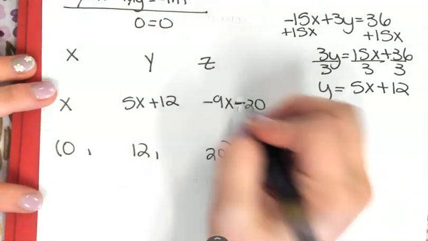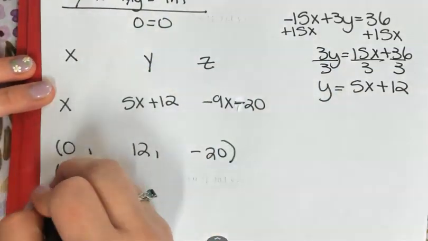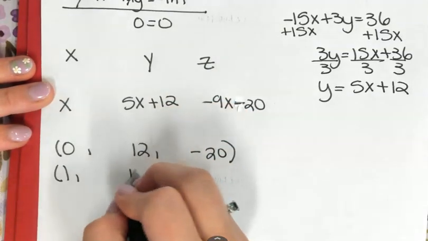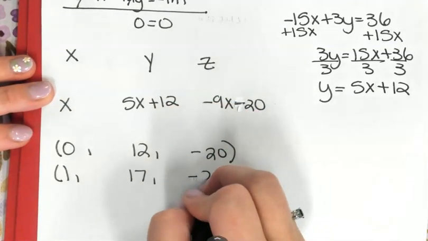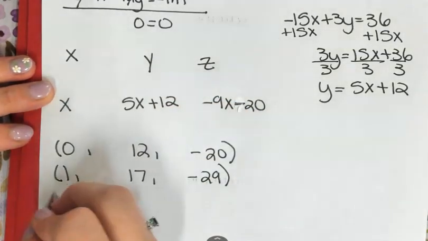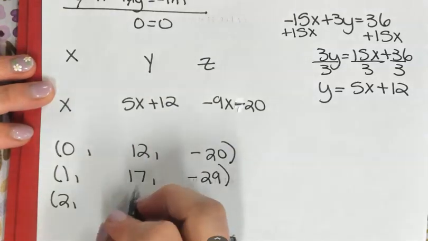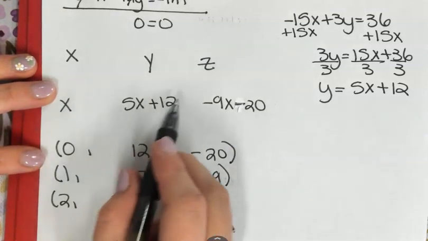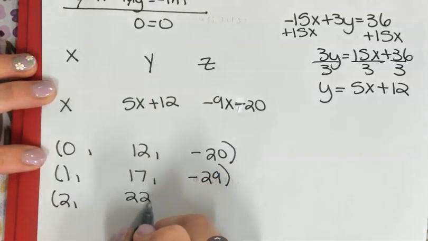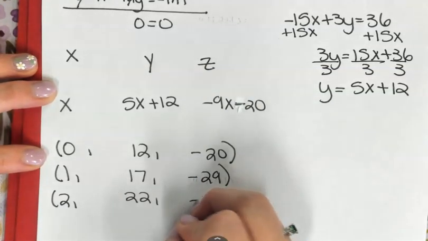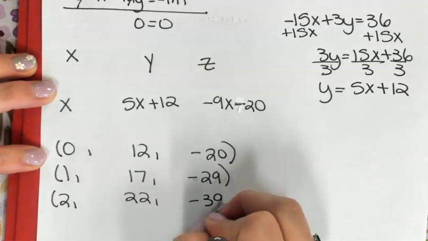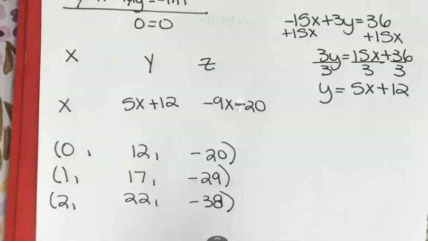Now if x was 1, y would be 17, z would be negative 29. If x was 2, y would be 22, and z would be negative 38, and on and on.